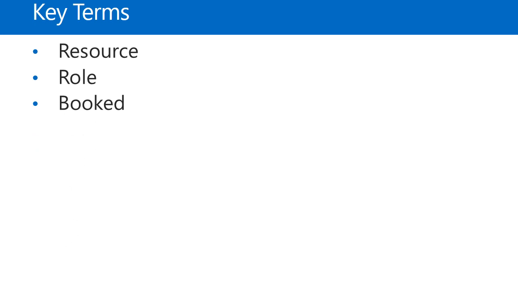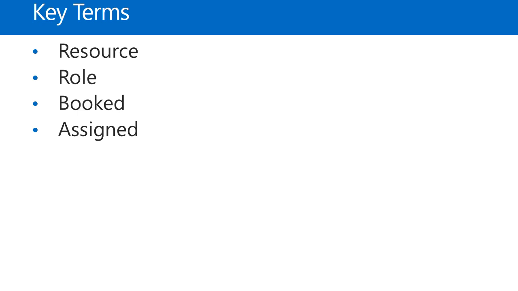So then we have the term booked, and booked is basically when you assign a role to a project, you can reserve the time and the number of hours per day that you want that role to work on the project. So if there's nobody assigned to it and you're just reserving time, that's considered booked hours.